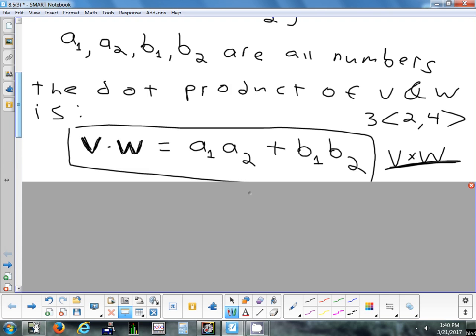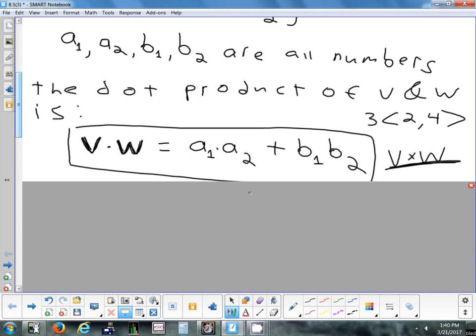It could be the name of a steak sauce. Or, in this problem, a1, a2, b1, and b2 are all real numbers. We're not doing imaginary. So if you take a1, which is a number, times a2, which is a number, what's a number times another number?